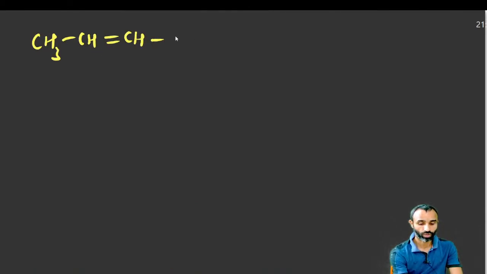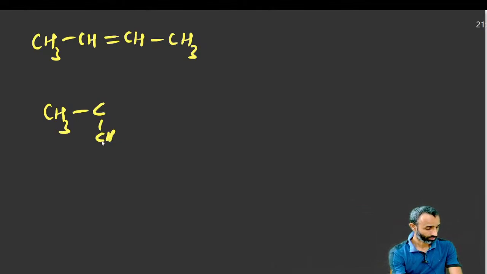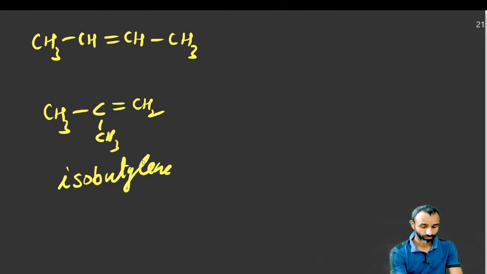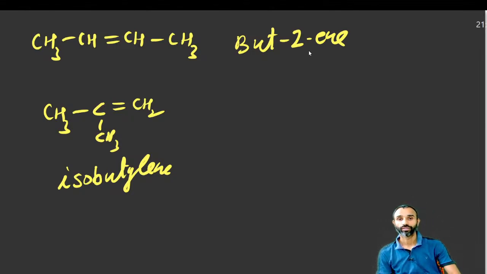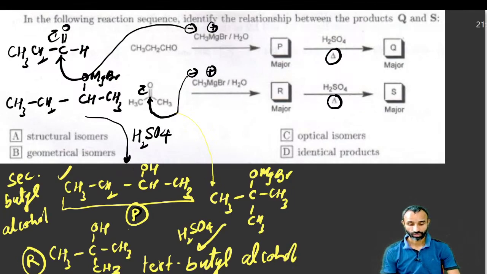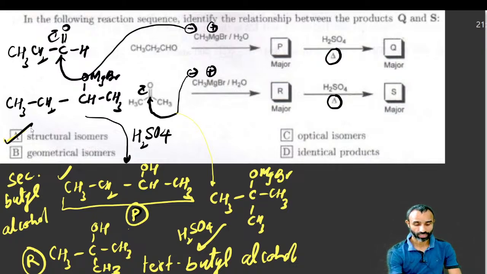In the second case we get isobutylene. So they are again isomers. Which type of isomers? Structural. So they are structural isomers.